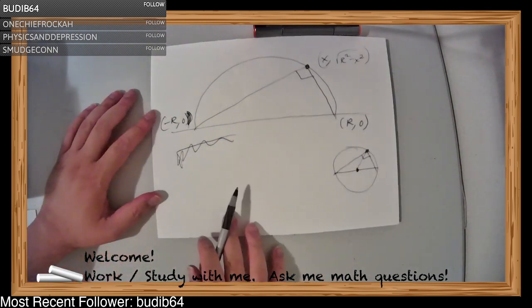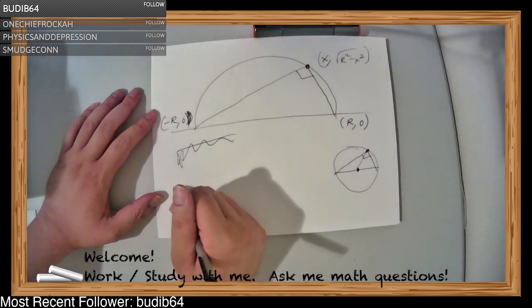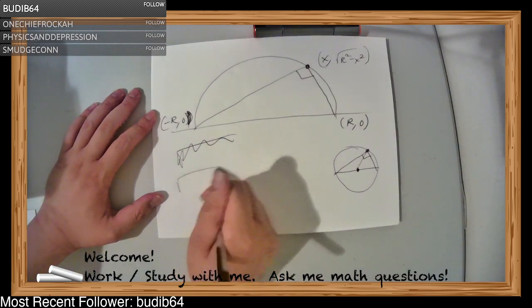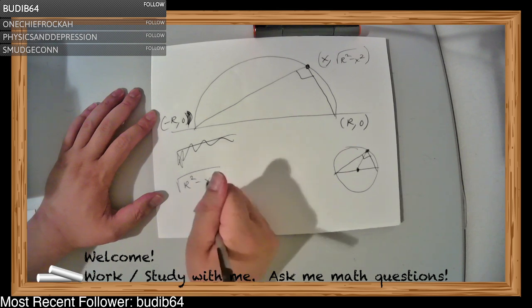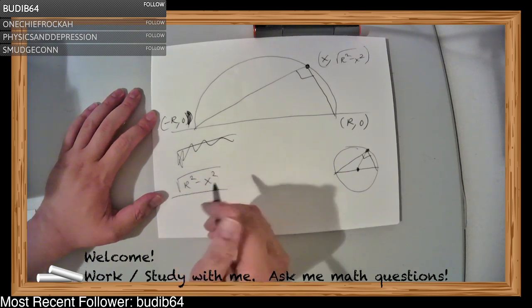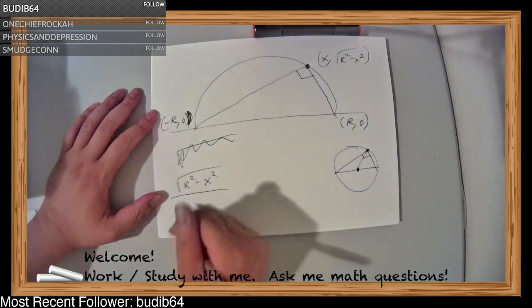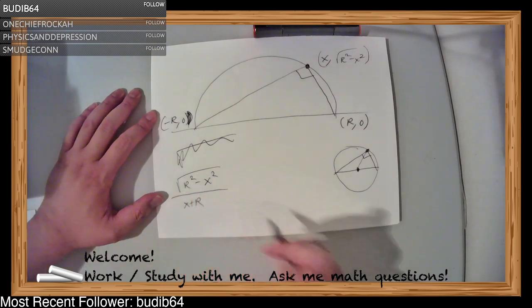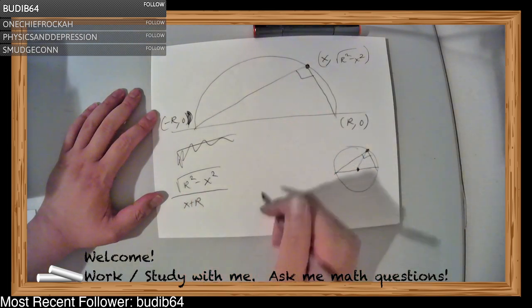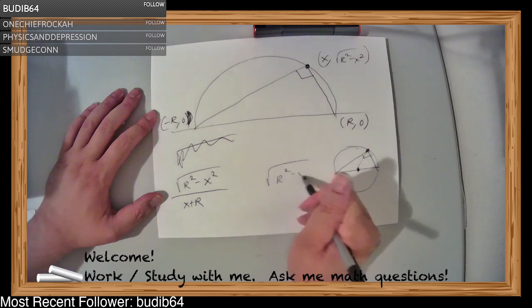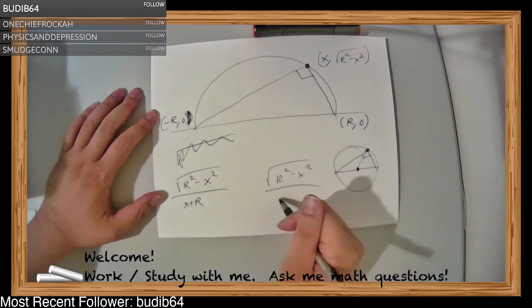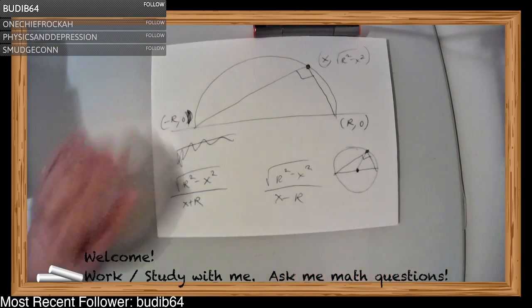That is the end of the story here. Let's try it. The slope will be square root of r squared minus x squared divided by x plus r. And the slope here is square root of r squared minus x squared divided by x minus r.